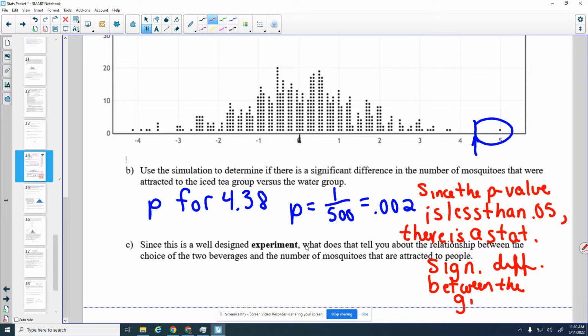So it looks like the iced tea does make a difference compared to the water in terms of, just write that in, how many mosquitoes are attracted.